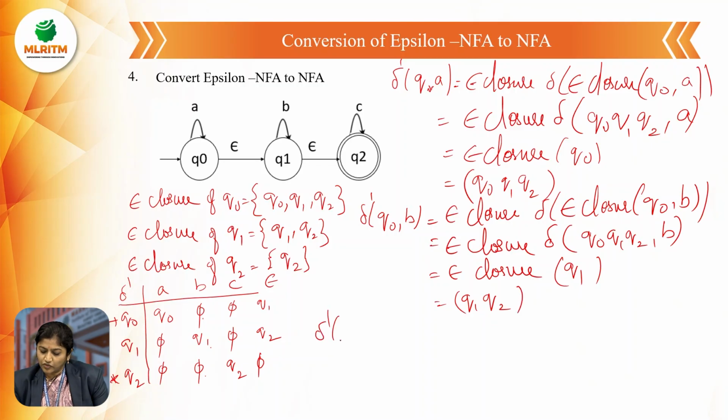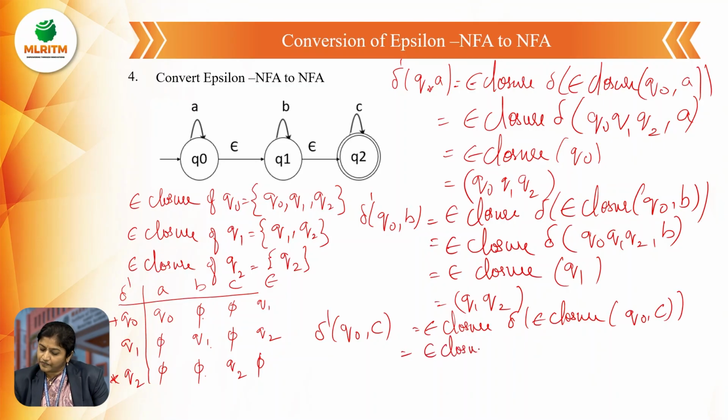Now delta dash of Q naught on C. We need to find this for all of them: Q naught on A, B, C, Q1 on A, B, C, Q2 on A, B, C. So epsilon closure of delta of epsilon closure of Q naught on C. Epsilon closure of Q naught is Q naught, Q1, Q2 on C. Q naught on C is null.